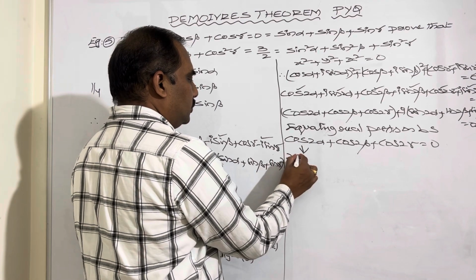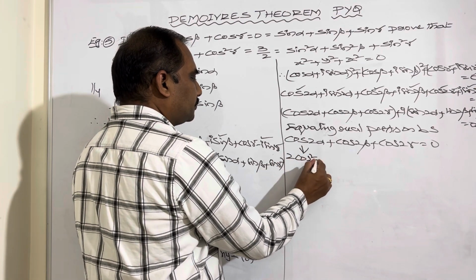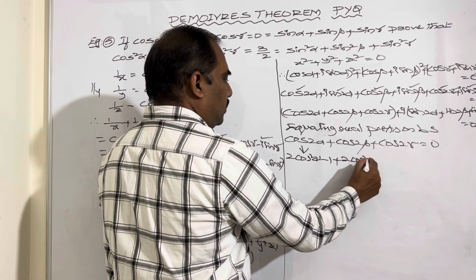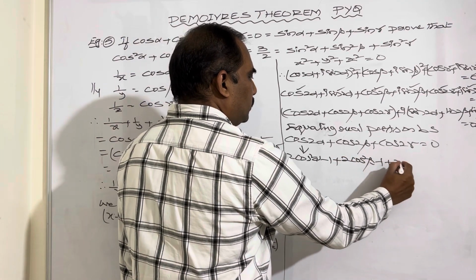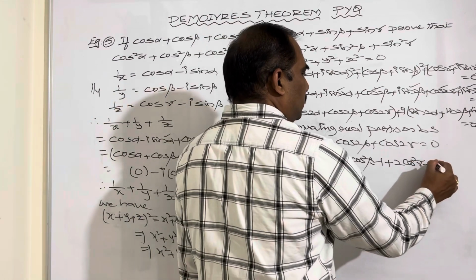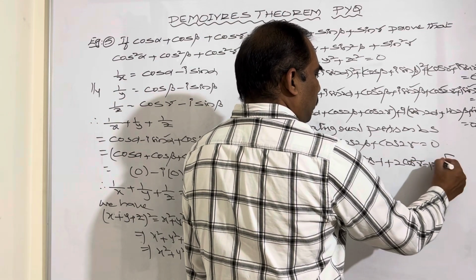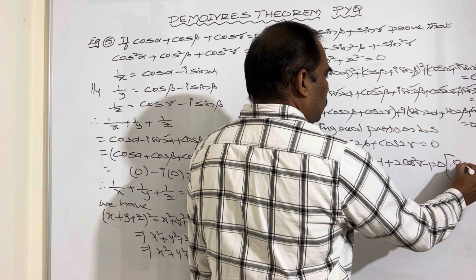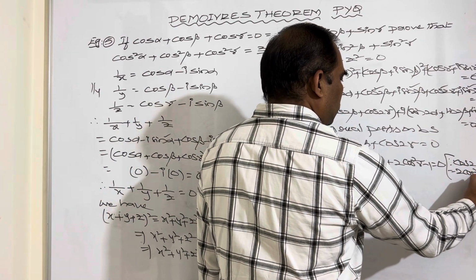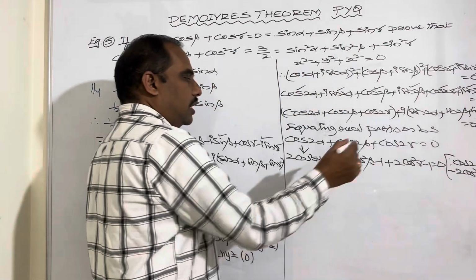It can be written as 2 cos square alpha minus 1, plus 2 cos square beta minus 1, plus 2 cos square gamma minus 1, equal to 0. We have cos 2 theta is equal to 2 cos square theta minus 1, as per this we can write like this.